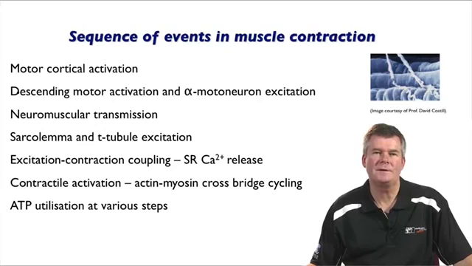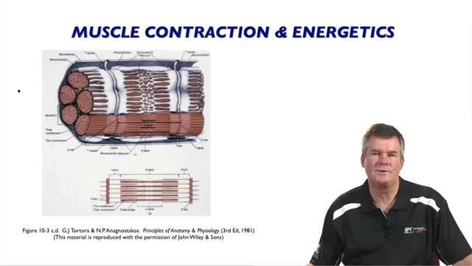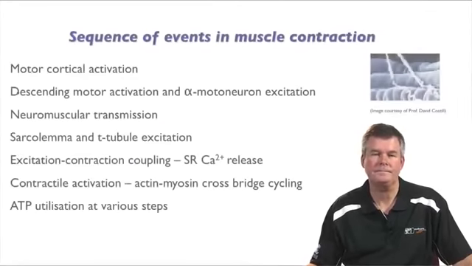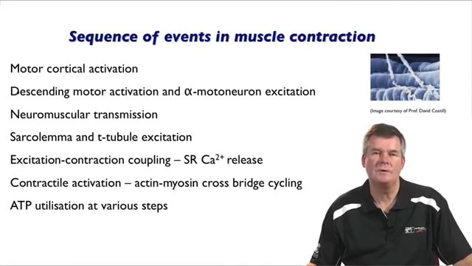The fundamental event in muscle contraction we refer to as excitation-contraction coupling, whereby discs within skeletal muscle interact to generate force, and that's under the control of the nervous system. You should review the basic steps and sequence of events involved in muscle contraction.